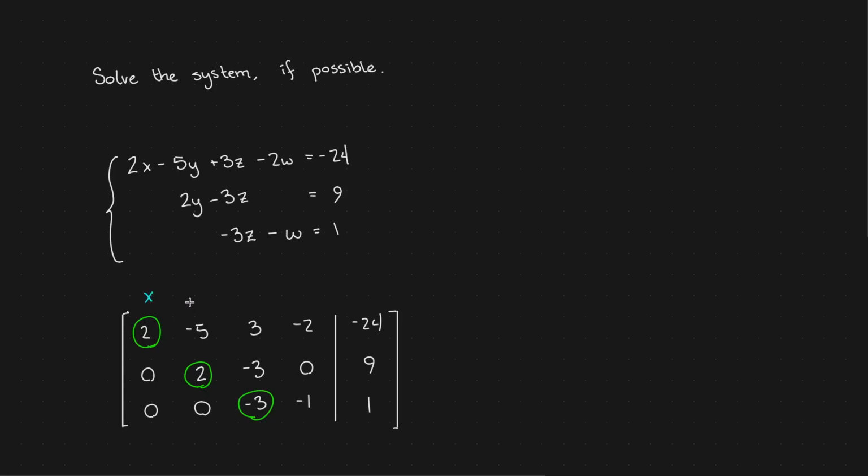But we have 1, 2, 3, 4 variables in this system, but only 3 useful equations, which means I don't have enough equations to uniquely identify all my variables. Because of that, I am going to have infinitely many solutions.